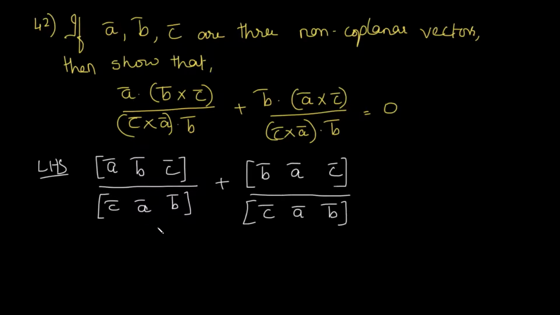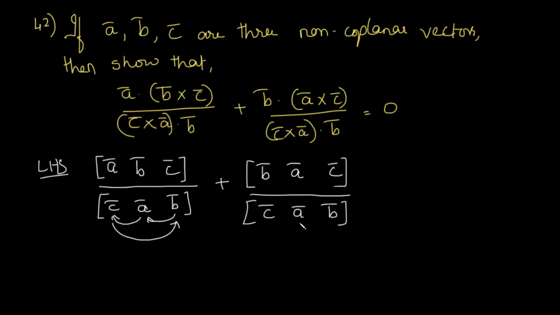The value remains the same. This we have studied in the properties of scalar triple product. So as a result, we take A here, we take B in the place of A and C we bring it to the place of B. The value remains the same and we get the box product of A, B, C.